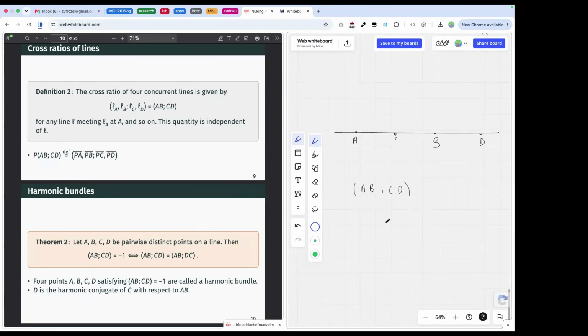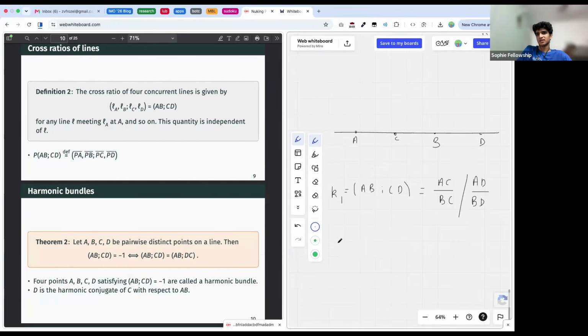And for the second one, it's AD by BD divided by AC by BC. So essentially they are reciprocals, which means only when it's equal to 1 or -1 will they be equal. But if it's equal to 1, then C and D would be the same point, but it's given as pairwise distinct points.